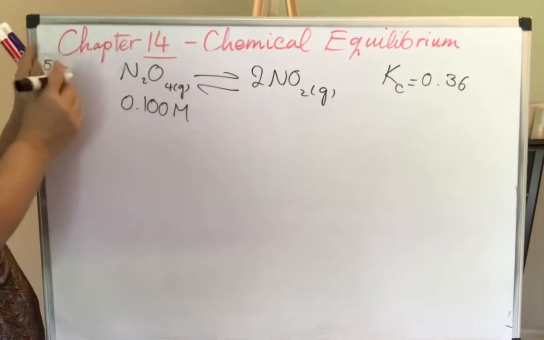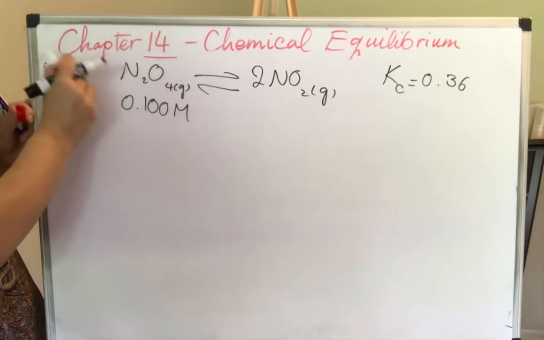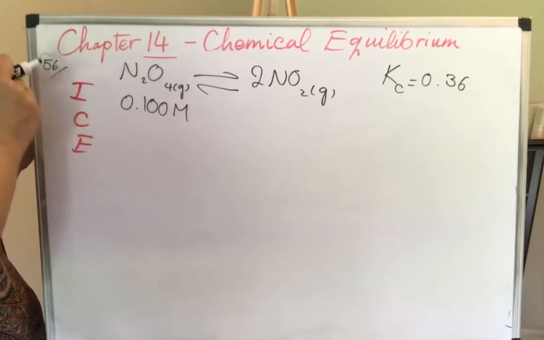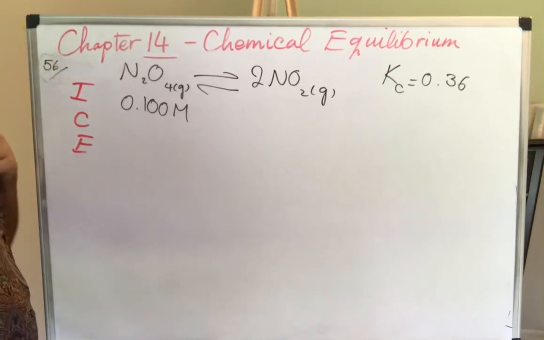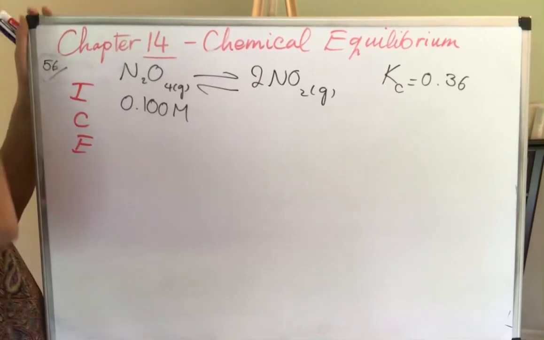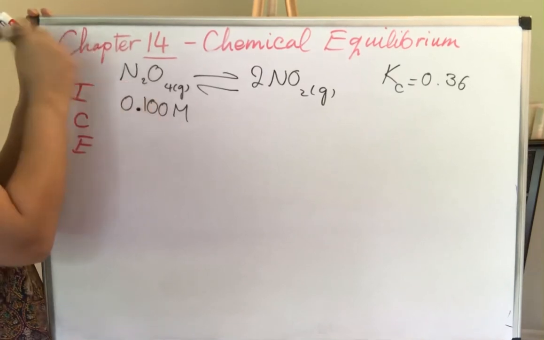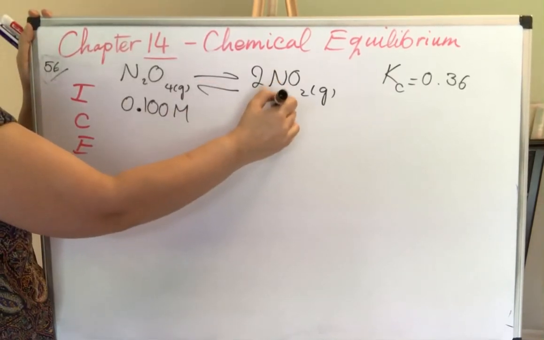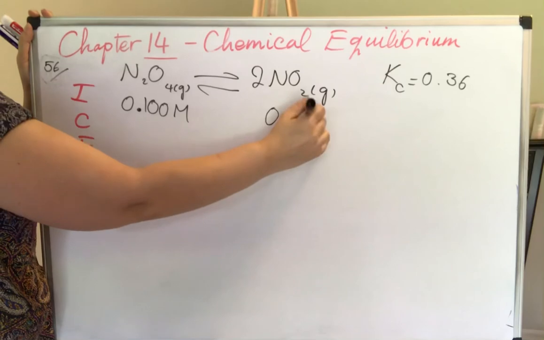Okay, at the beginning, we're building our ice table. Whenever we talk about equilibrium, we need our ice table. At the beginning, we have 0.1 molar of N2O4, and how much of the product at the very beginning? Nothing, right?